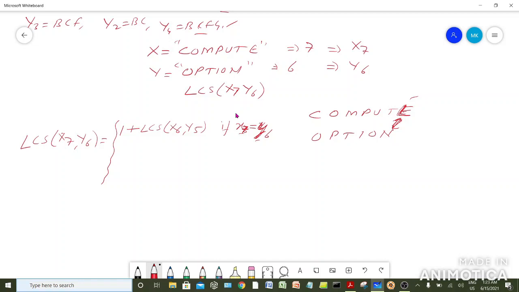It means the sequence is going to be increased by 1.